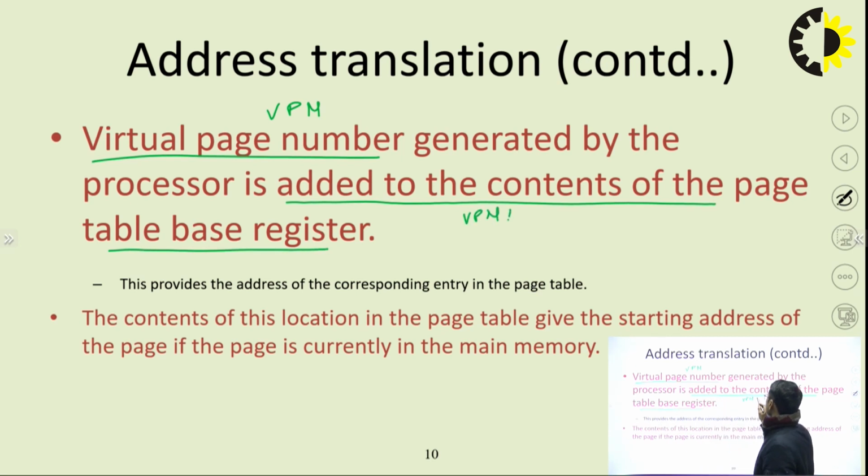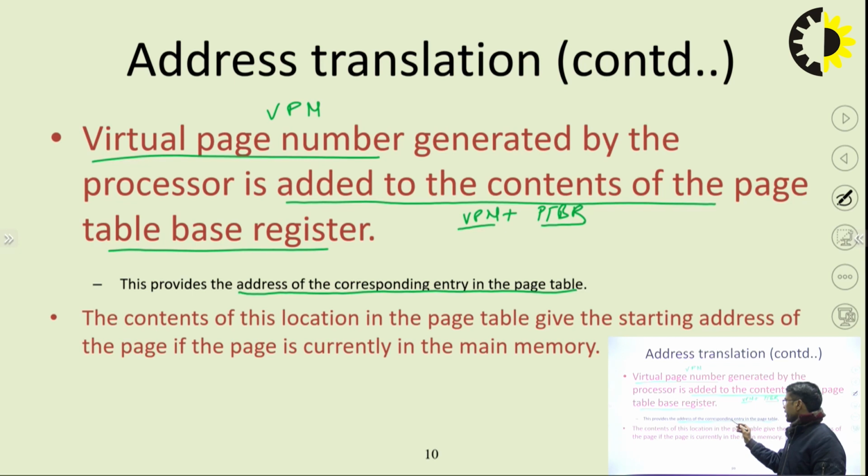The VPN will be added with the contents of the page table base register, so the particular entry will be available in the table. This will provide the address of the corresponding entry in the page table. As soon as the VPN is added with the PTBR, it will give the corresponding entry address in the page table.